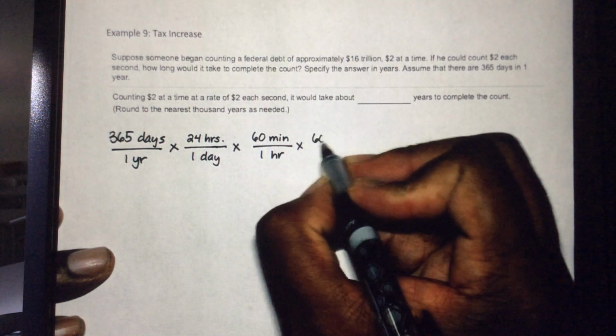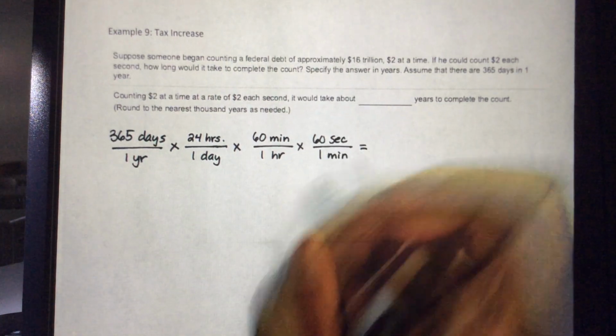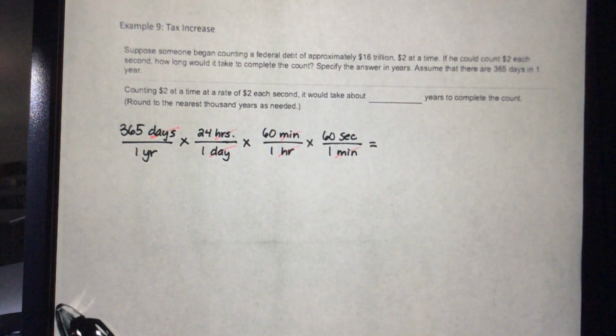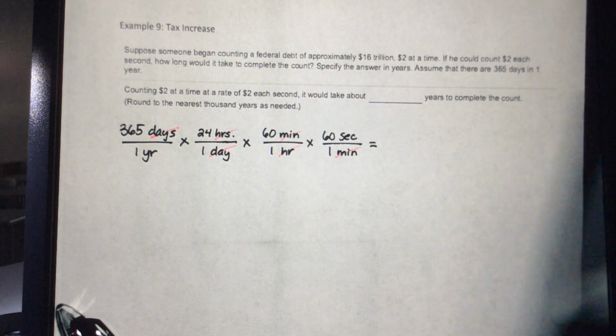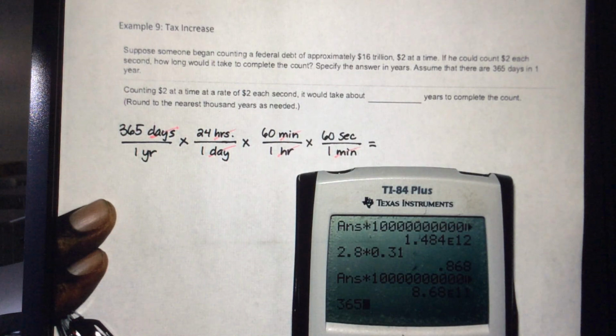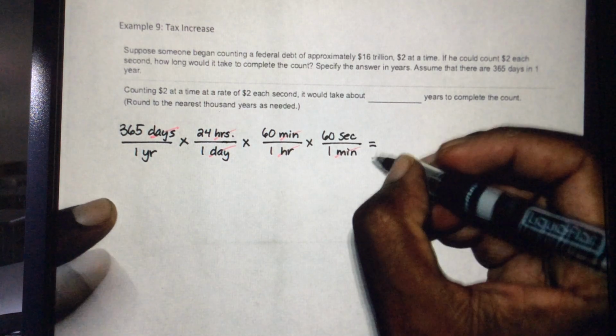So 60 seconds per 1 minute, because we have to go all the way down to seconds here. Now you're going to see these days, hours, minutes divide out. And then if I multiply 365 times 24 times 60 times another 60, I will get this number, 31,536,000 seconds in a year.